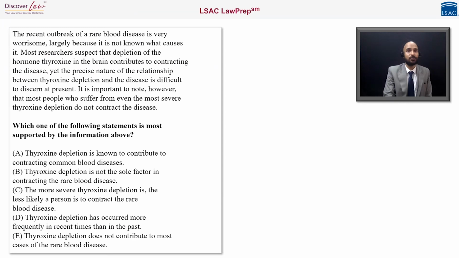Right, so to some of us, this question could be a little worrisome, because as you can see, there's quite a bit of science going on in here. It talks about hormones, thyroxine, depletion, blah, blah, blah, blood disease. Now, remember that the LSAT India does not test you on your knowledge of specific disciplines.